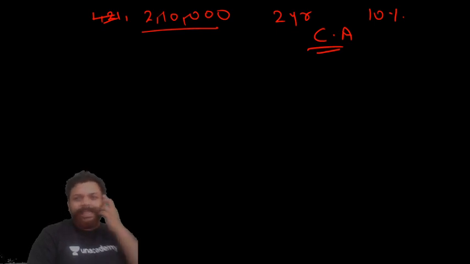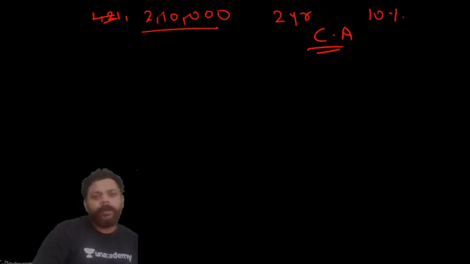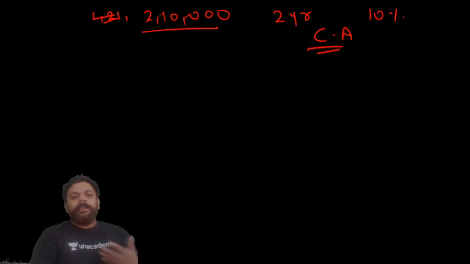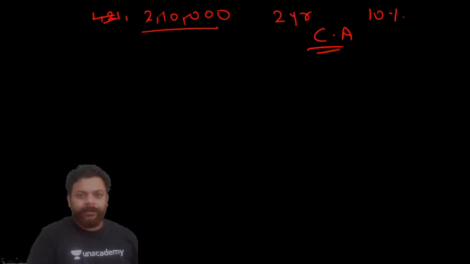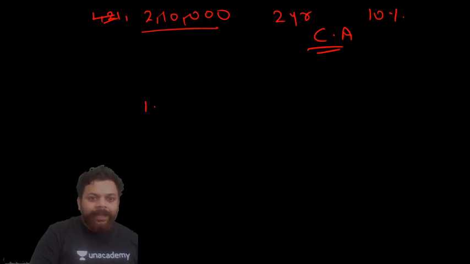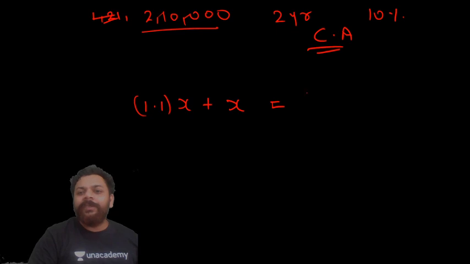This was my question, I guess. So for that one, we'll use the shortfall approach and we'll use a direct formula: 1.1 of x plus x must be equivalent to 1.1 whole square multiplied with 2,10,000.